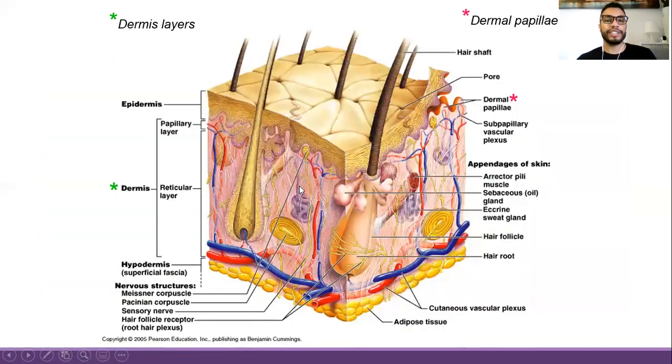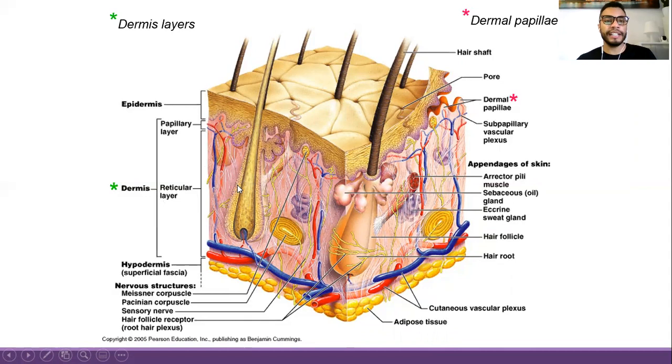So this is the picture that I told you about. This is the dermis that you see here, green asterisk. The papillary layer is this irregular connective tissue. This is loose tissue. And the reticular layer, let's say the vast area of the dermis, is the reticular layer.